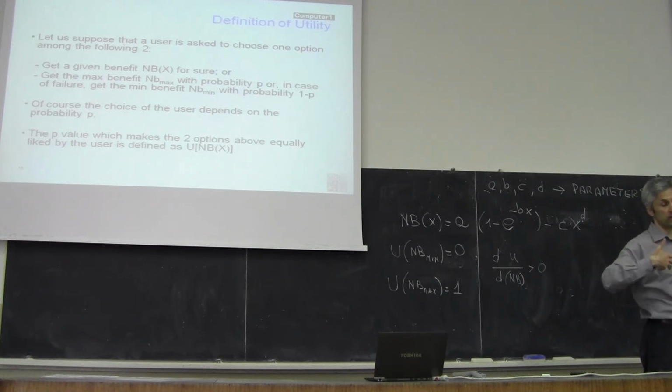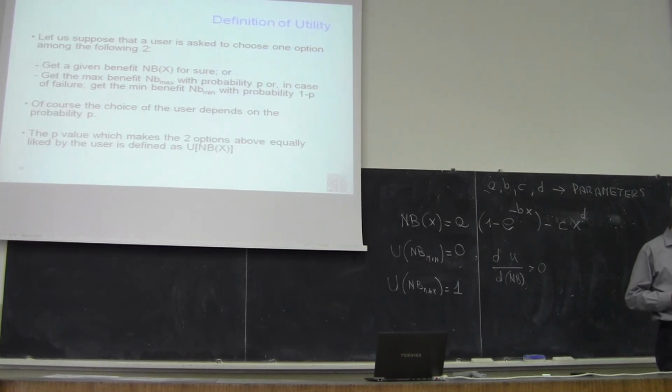You could find a user that does like the risk very much, and he would prefer the risk, and therefore he would be convinced even for low p-values. I hope the example is clear.